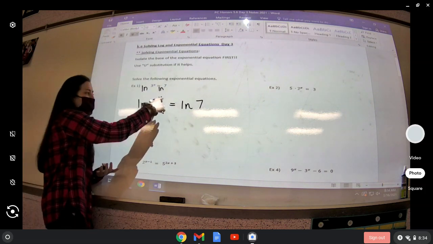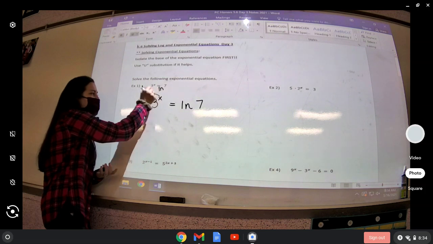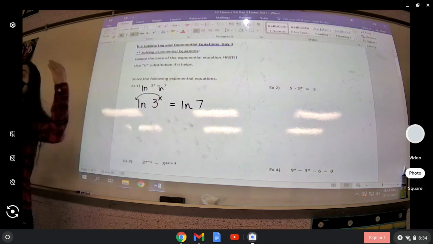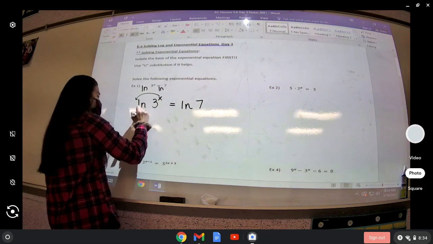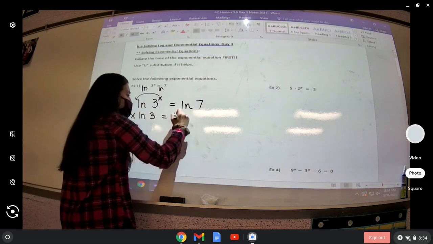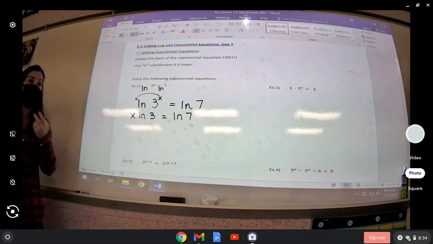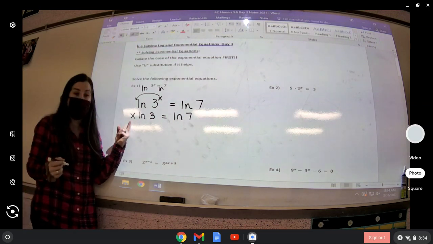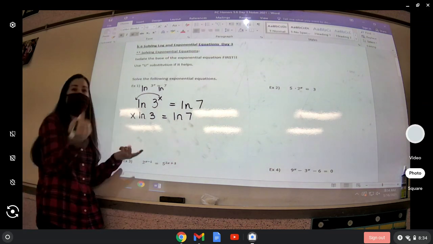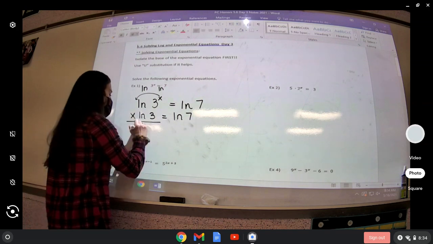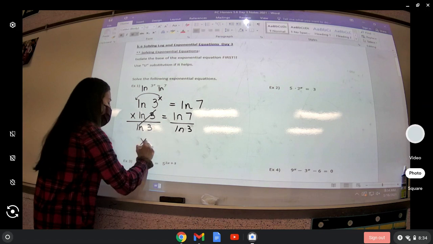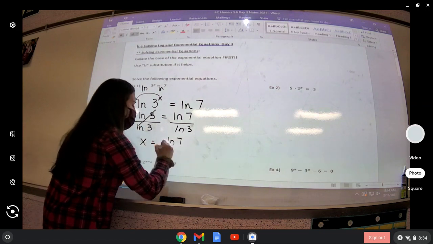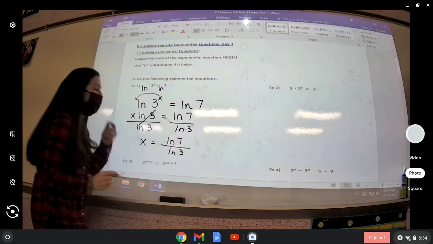But now that I have an exponent inside of a log, I can use my log property that says that exponent can come down in front as a property now, as a factor. So now it's x times the natural log of 3 equals the natural log of 7. And now all you have to do to solve for x, this unknown value, is divide by the natural log of 3. So x equals the natural log of 7 divided by the natural log of 3.